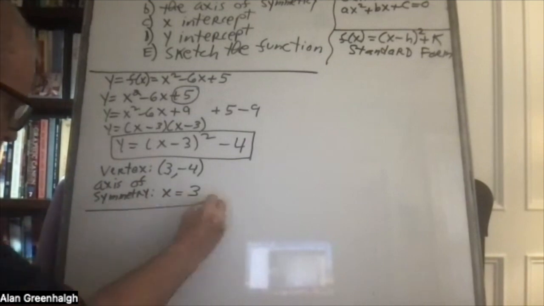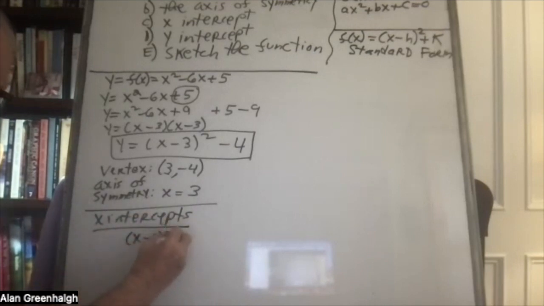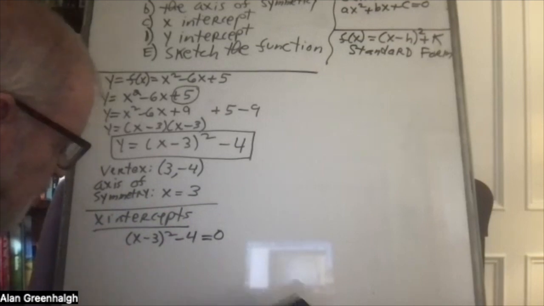Let's go right to finding the x-intercepts. Okay, so let's take x minus 3 squared minus 4. And this is equal to, this is really what I have.